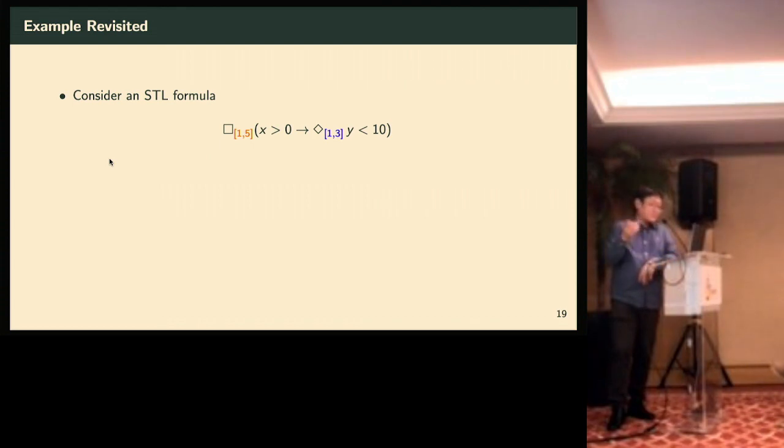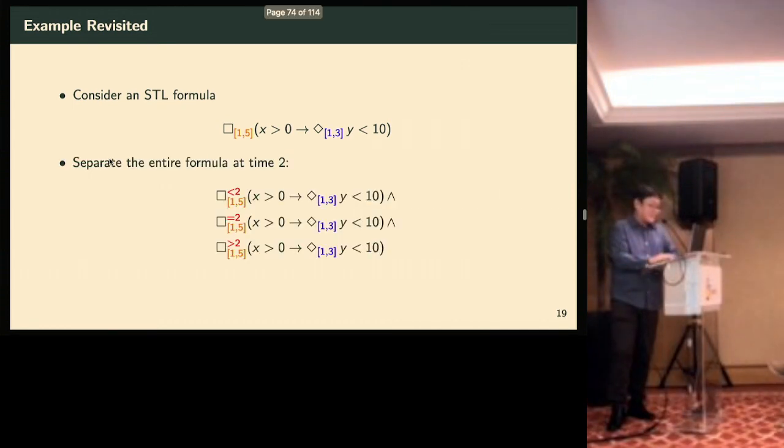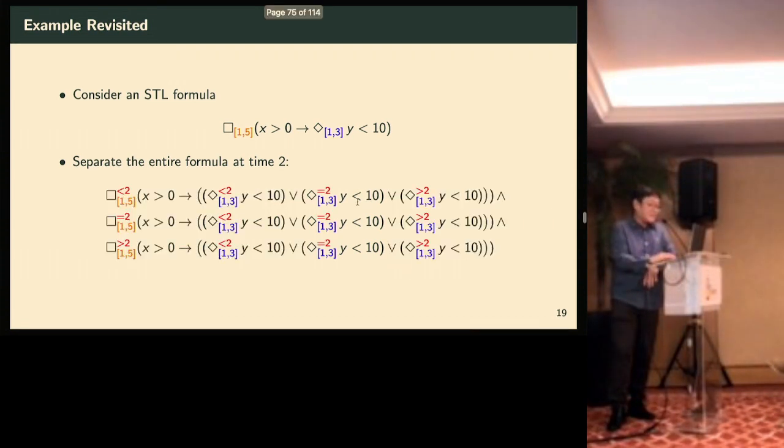So consider this formula. At the top level, you can just imagine separating at time 2: less than 2, equal to 2, greater than 2, and now it's equivalent. Then at the second level you also have to separate less than 2, equal to 2, greater than 2. It looks like exponential growth, but this formula can be shared.